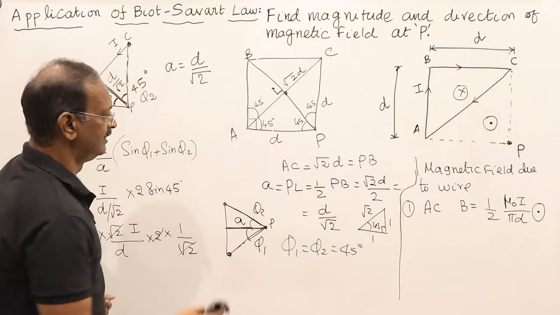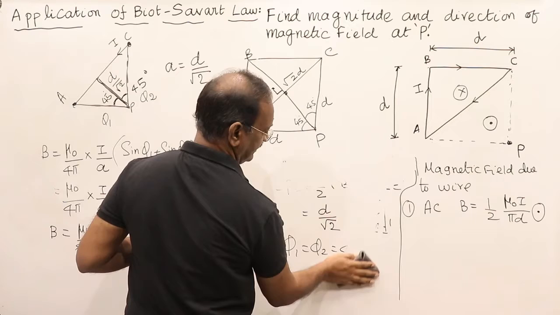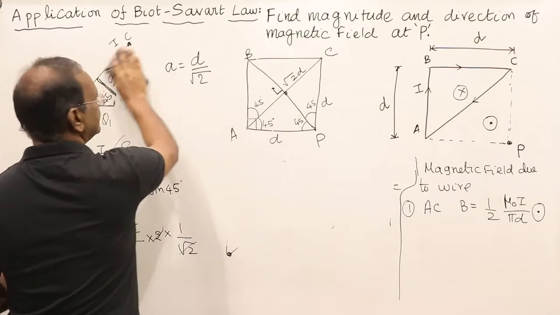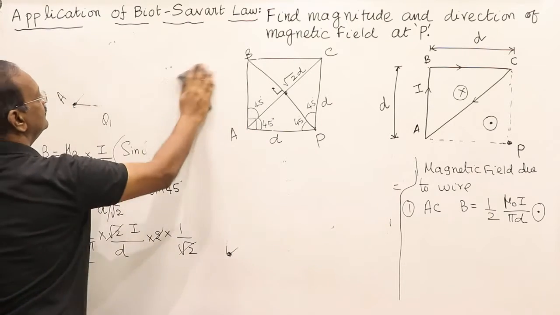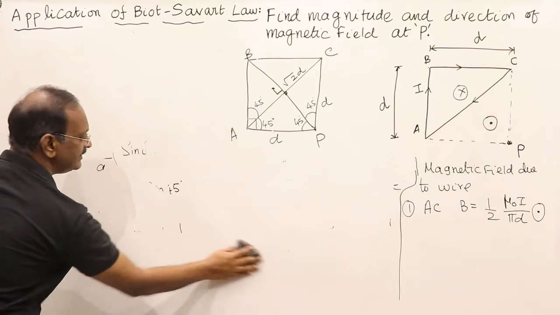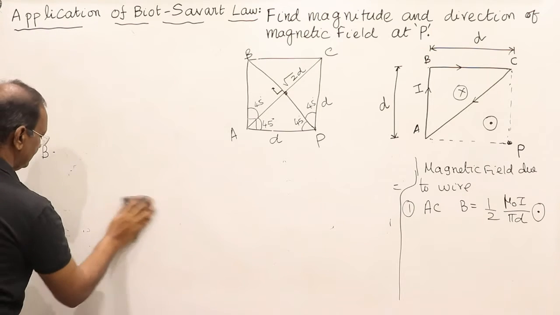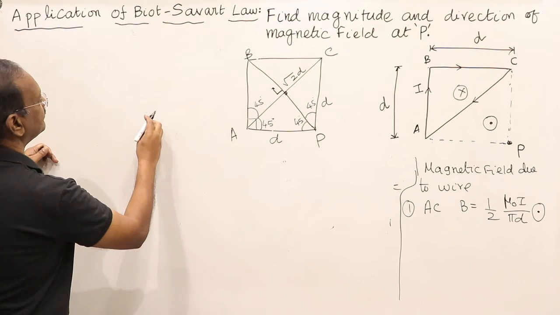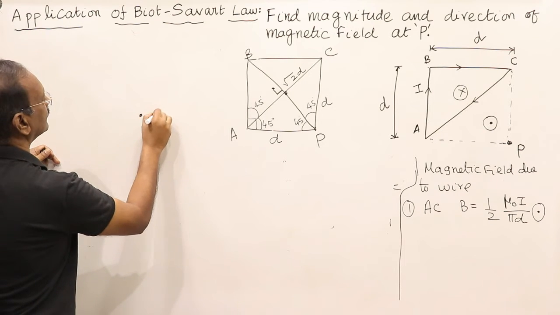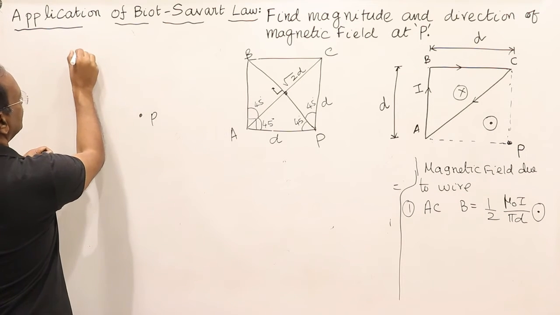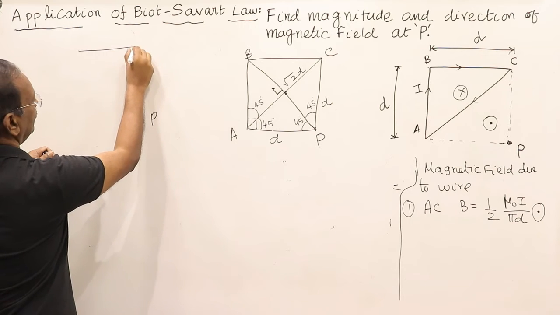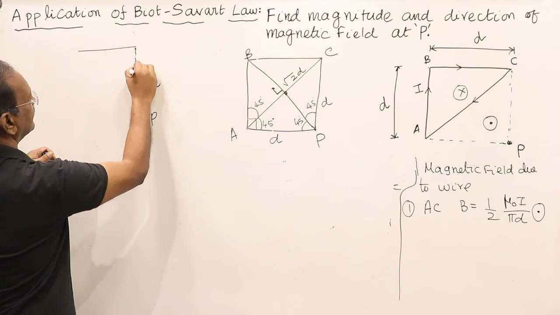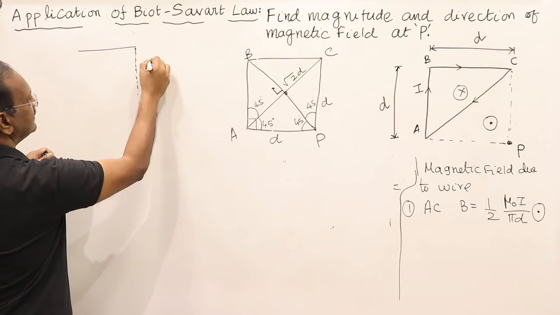So second, we will find for another segment. Which segment? We will see the segment BC. For BC, the application of the equation is very simple. See, this is the point P, and this is the segment BC, which is at a distance of D. This is the perpendicular distance.